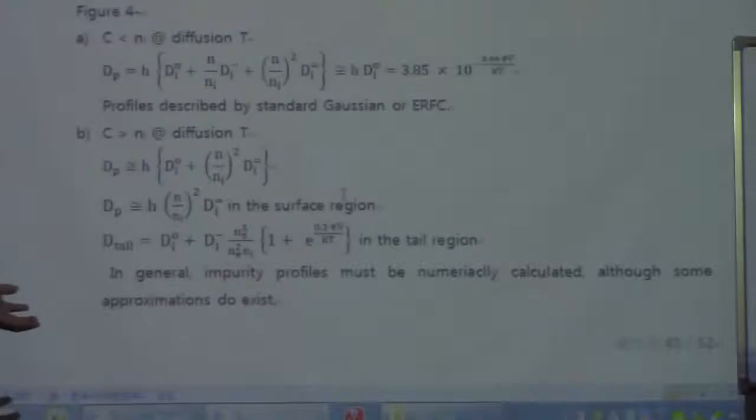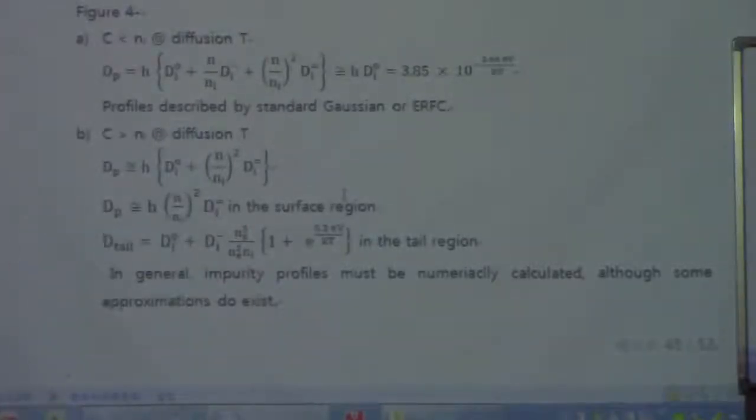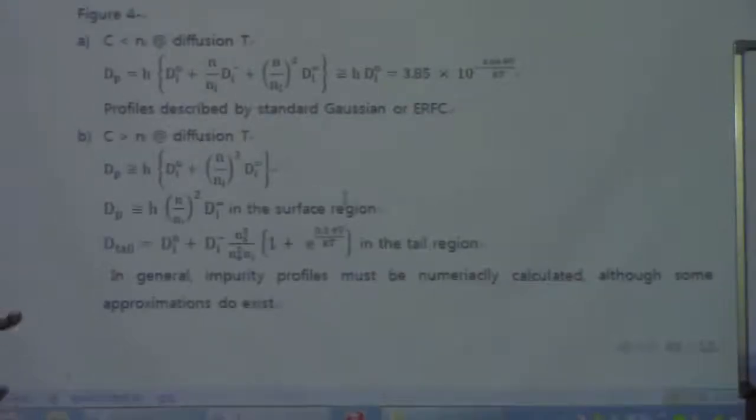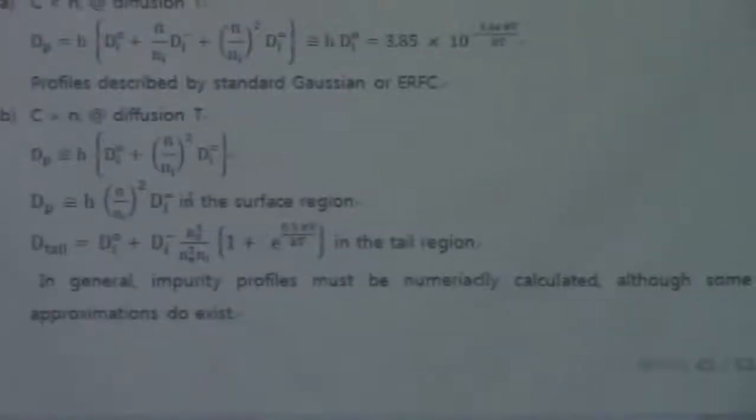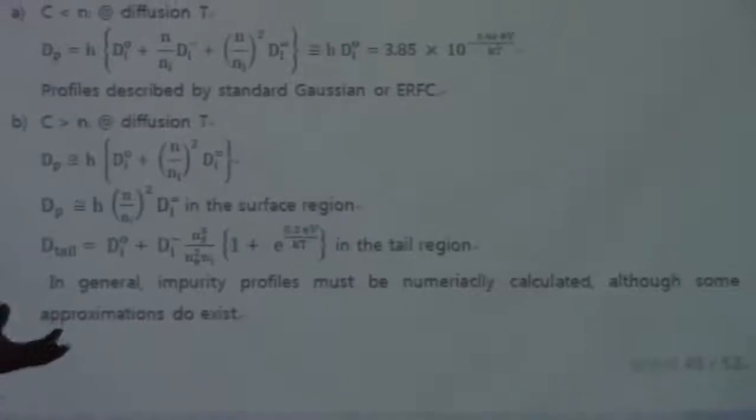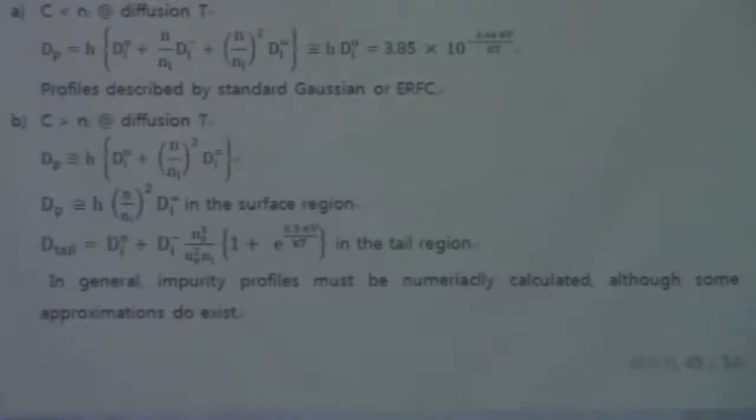In general, impurity profiles must be numerically calculated, although some approximations do exist. So it is not that difficult to have a numerical solution. You just put everything in a computer and make the computer calculate.